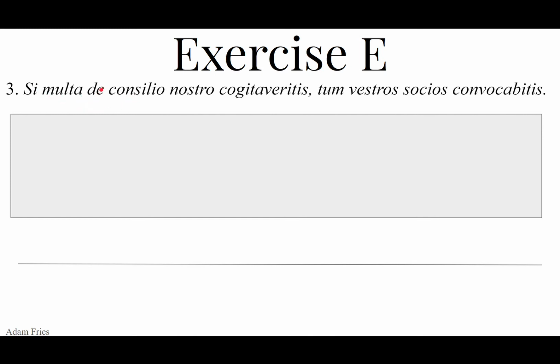If much concerning, if much about the plan. What plan? Well, it's nostro, from noster, nostra, nostrum, our, ours, belonging to us. Oh, this is our plan, guys. Nostro. You didn't even know it, did you? Dative or ablative. It's going to be ablative because it's modifying concilio. It's ablative, singular, and neuter, as well as concilio is. So concerning our plan, much about our plan.